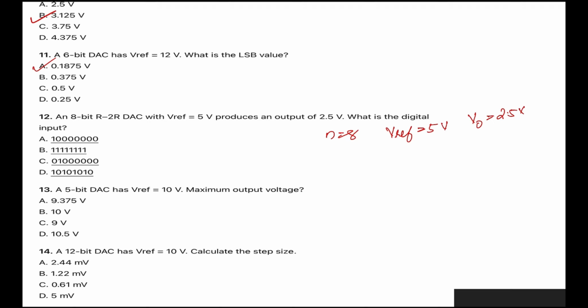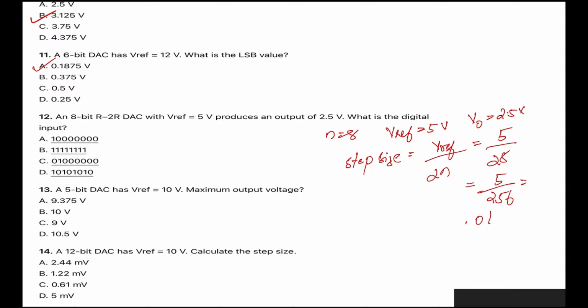First we have to find the step size or the LSB value. The step size is V reference divided by 2 raised to N, that is 5 divided by 2 raised to 8, which is 256, right? That is equal to 0.01953 volt.